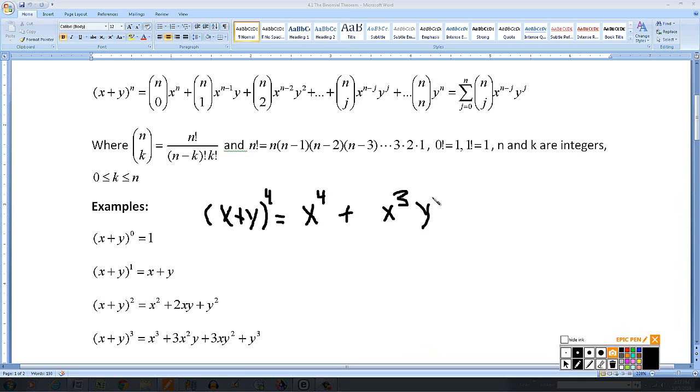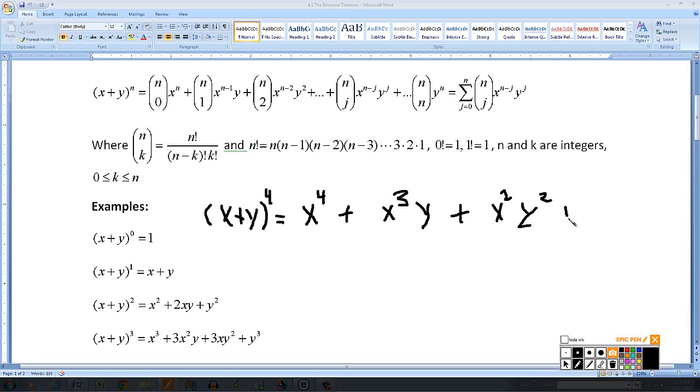Okay, and then plus the next term, decrease the power on the x by 1. This should be x squared. Increase the power on the y. So this should be y to the second. Decrease the power on the x again.